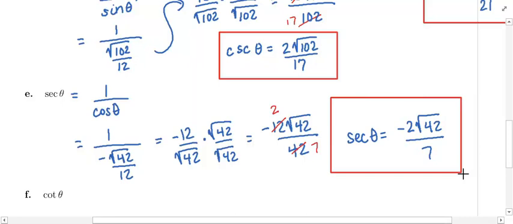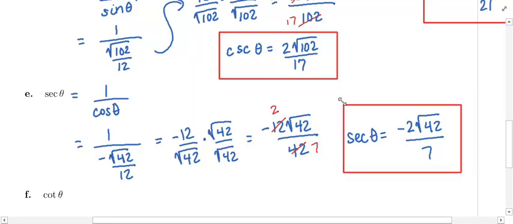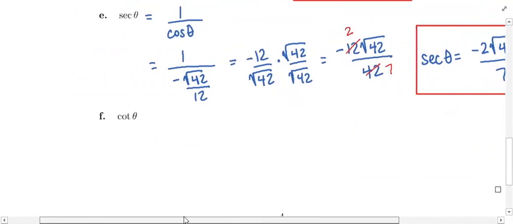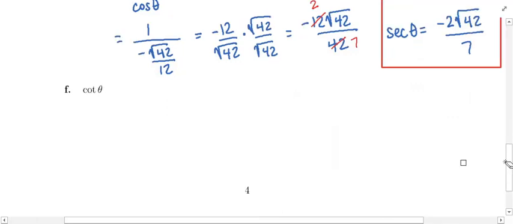All right, last one, we need the cotangent of theta. All right, we can apply our fundamental identities here. Okay, we have a choice. We can use cosine over sine, or we can just do 1 over the tangent. So it's up to you, whatever you like doing.